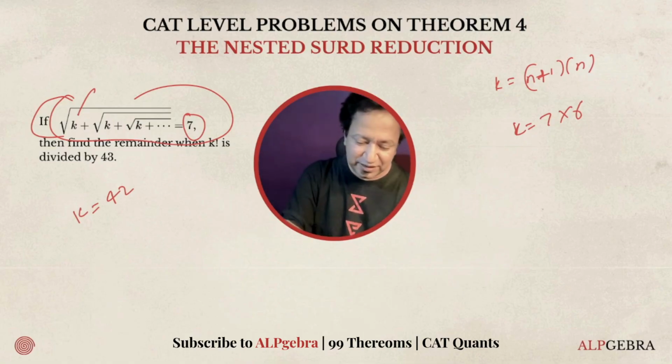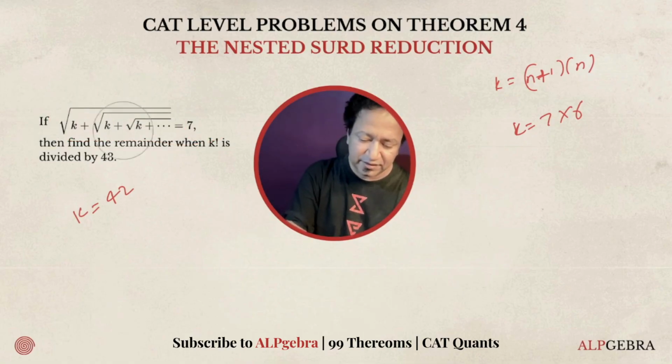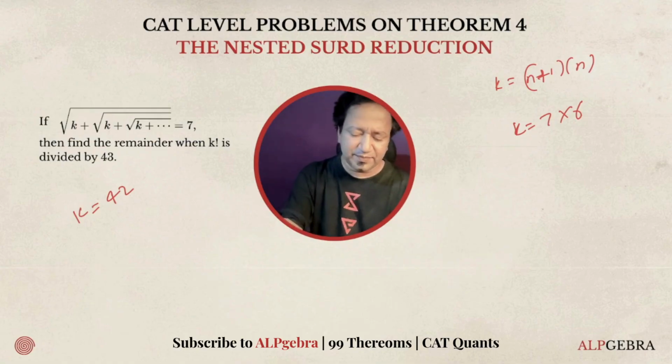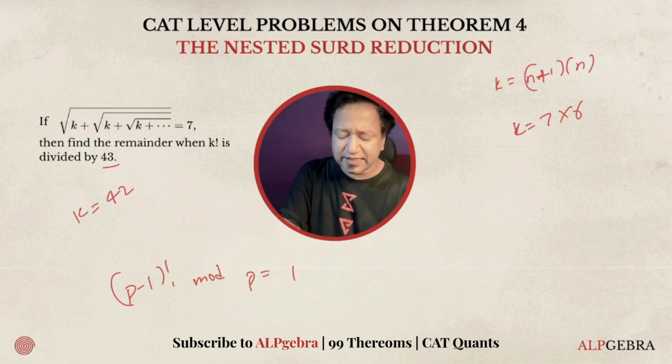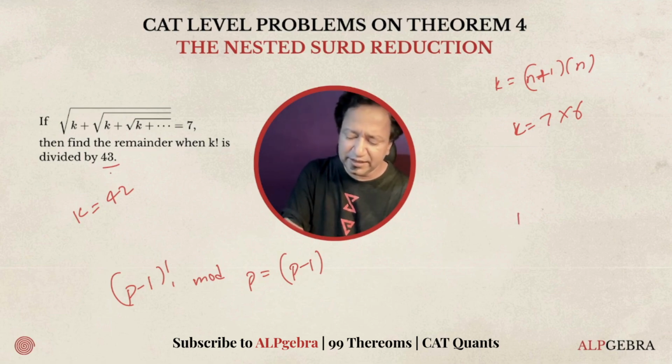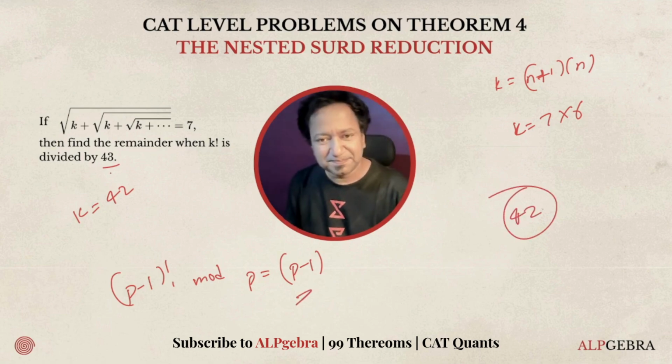So the remainder when factorial k is divided by 43: Wilson's theorem. 43 is prime, and Wilson's theorem says factorial p minus 1 divided by p, where p is prime, gives p minus 1 as the remainder. So the answer is simple. Factorial 42 divided by 43, the answer is 42 only. That is 43 minus 1, right?